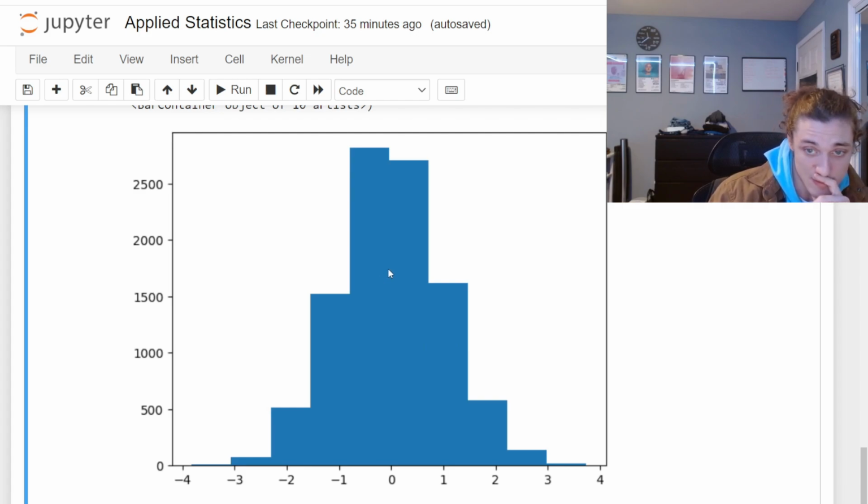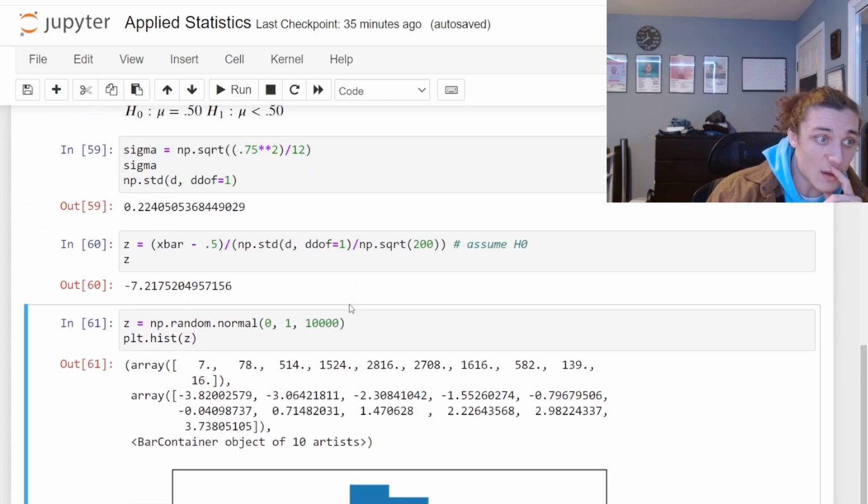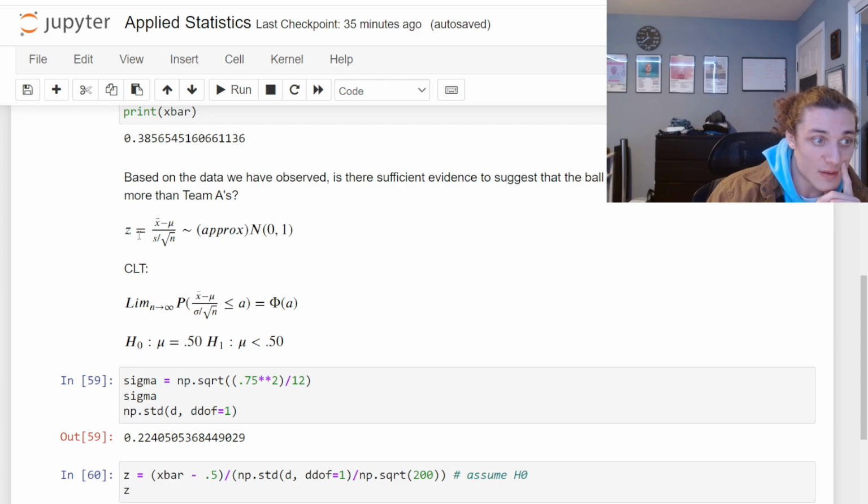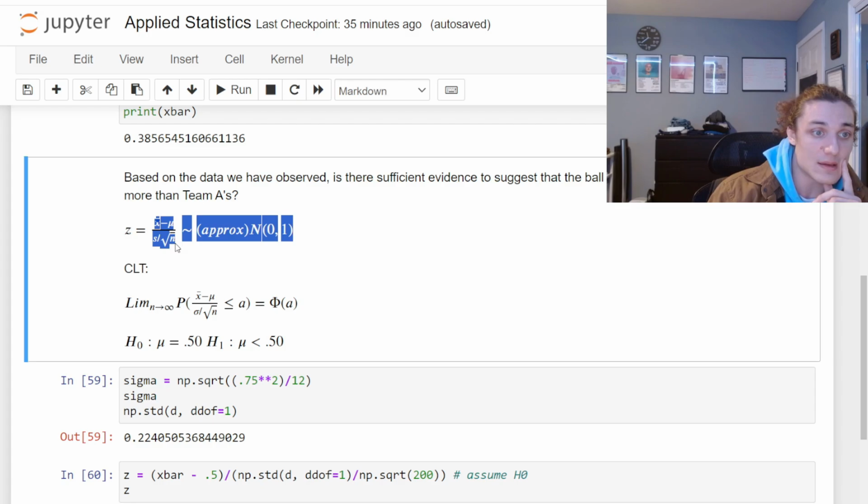Okay? We know, and we said right here, that approximately, if we demean and divide by the square root of the sample variance, then we have something that is distributed approximately normally, right?